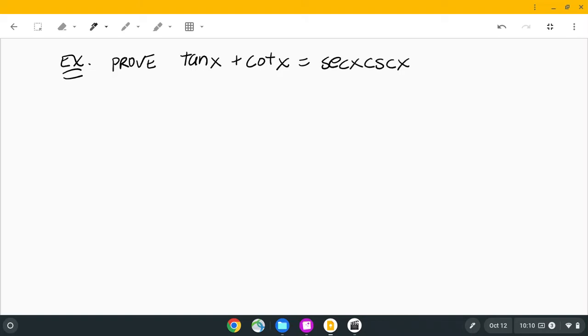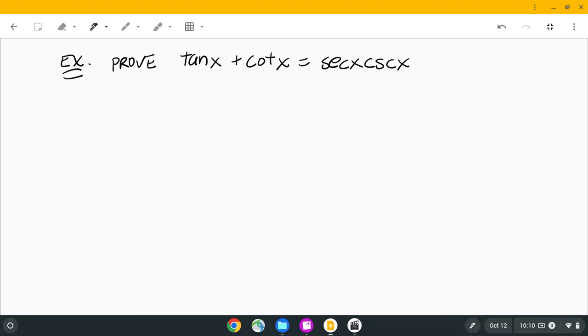All right, so let's go ahead and try this one. Let's prove that tangent x plus cotangent x equals secant x cosecant x.